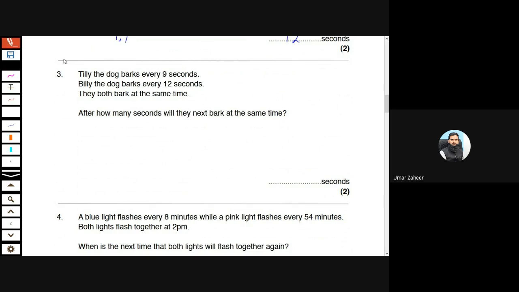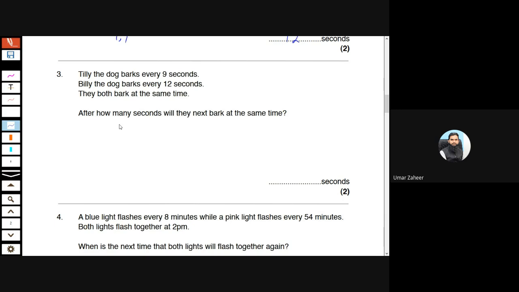Alright, in the next one, Tilly the dog barks every 9 seconds and Billy the dog barks every 12 seconds. They both bark at the same time. After how many seconds will they next bark at the same time? It's exactly the same type of question. What do you have to do here?